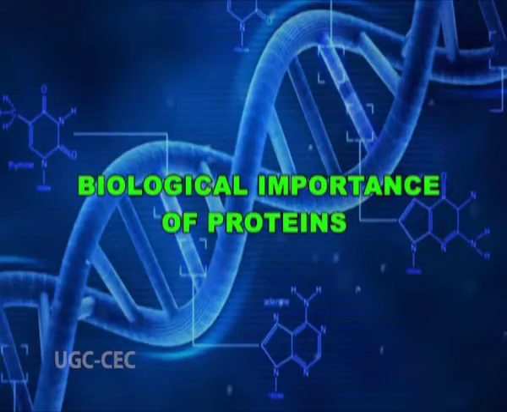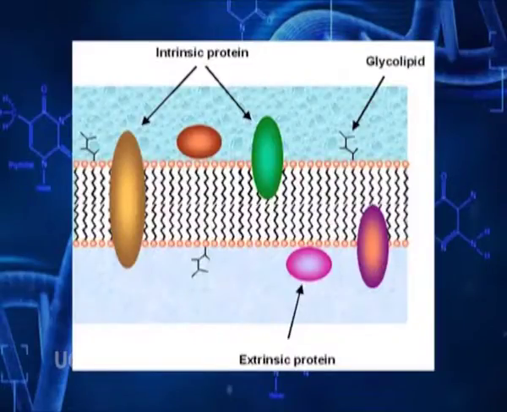Biological importance of proteins. Proteins are the major structural components of the cell membrane. The membrane associated proteins consist of intrinsic proteins and extrinsic proteins. Many enzymes and enzyme systems are associated with membrane proteins, that is, components of electron transport system.